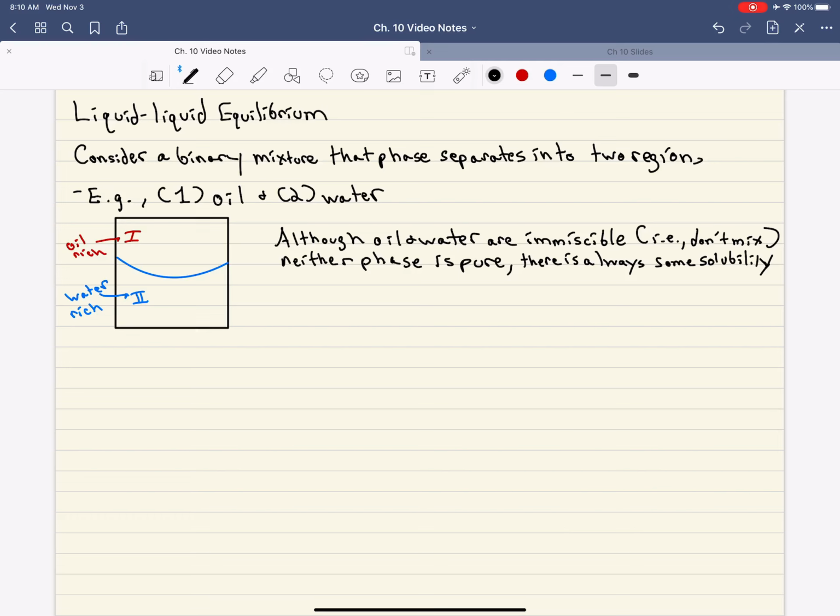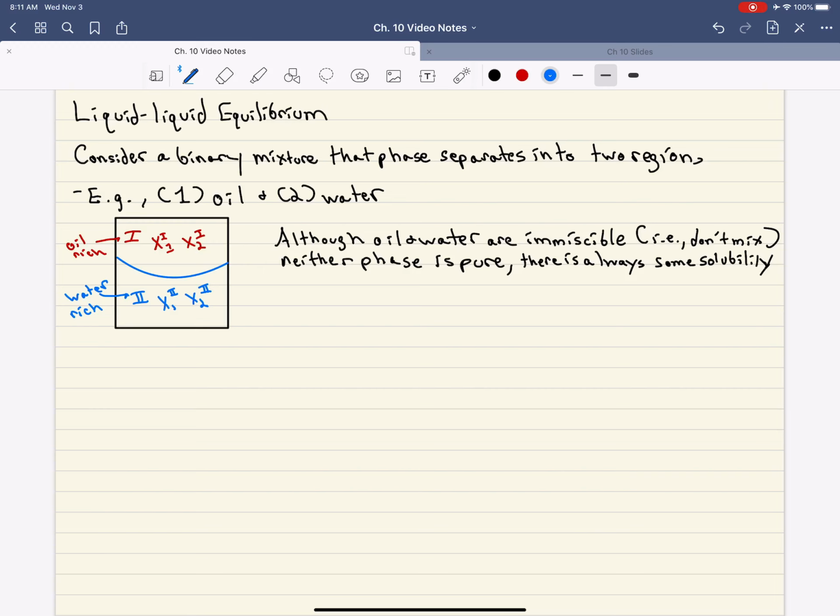In the oil domain, you would have some liquid mole fraction of the oil, which is probably really large, but then also some liquid mole fraction of the water. And similar in the water-rich domain.